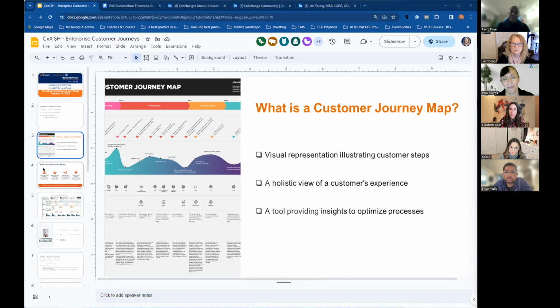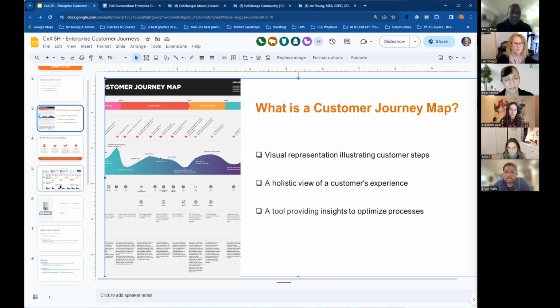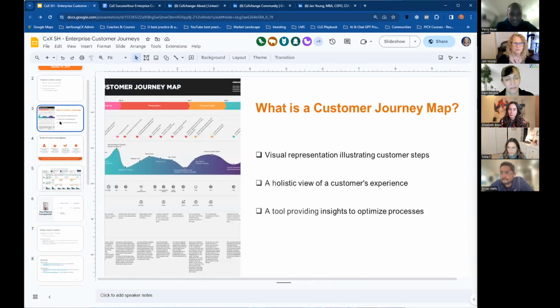So as you lay out your journey map, you want to know first and foremost, what is my current customer experience? Where are the areas where we're strong, and where are the areas where we have gaps, which may put us at risk of a customer continuing to do business with us? And one last point: it serves as your tool to optimize.